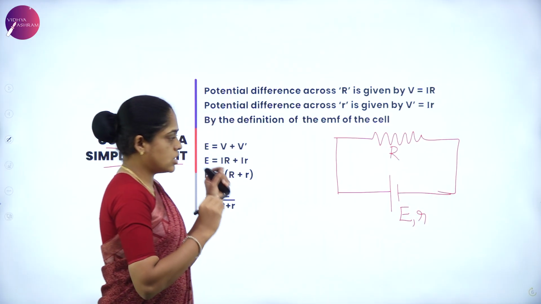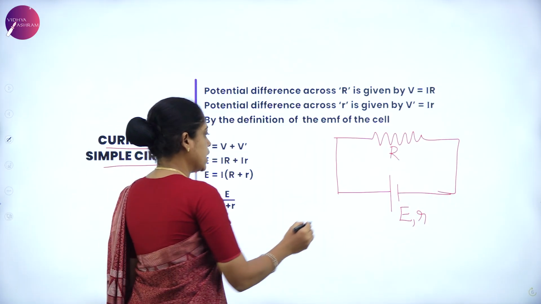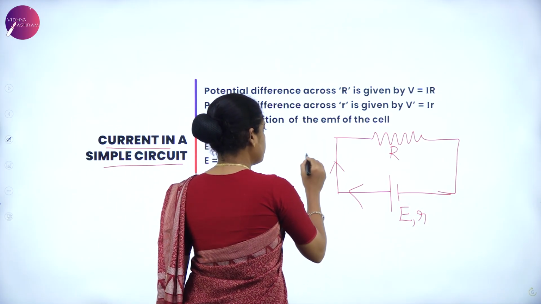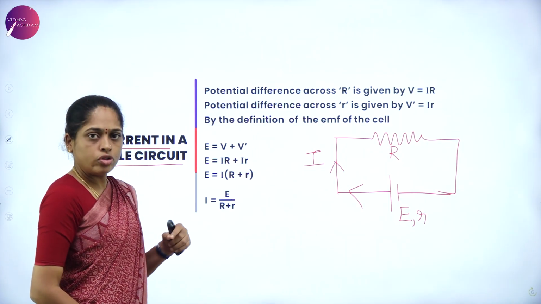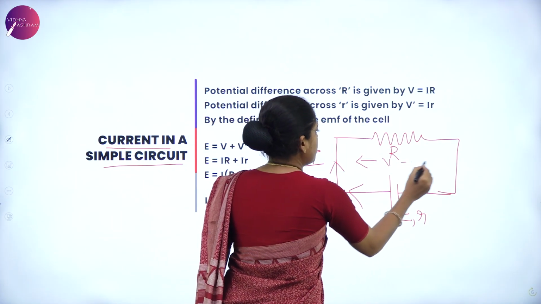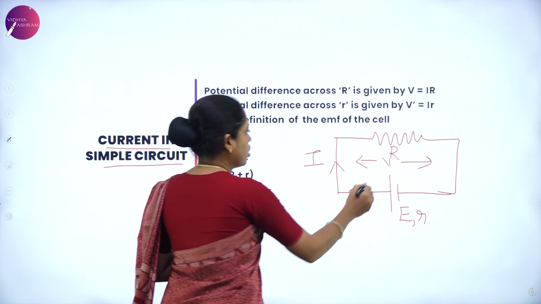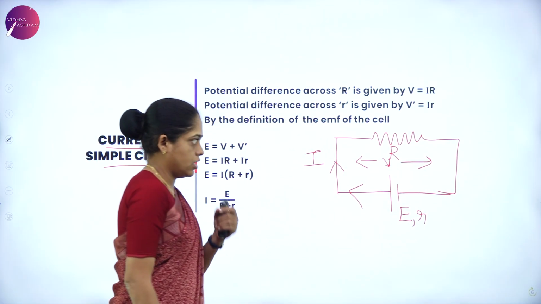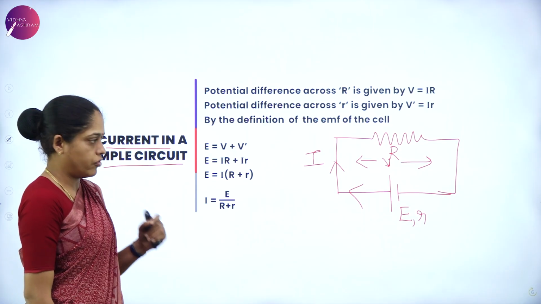Now, as this is a closed circuit, the current is drawn from the cell. Therefore, the terminal potential difference across the passive component, or across the resistor, is V.